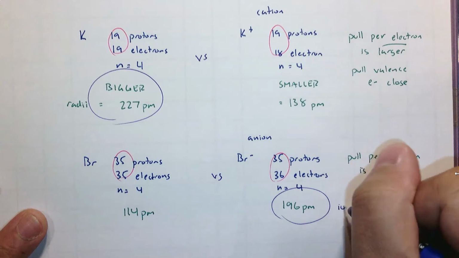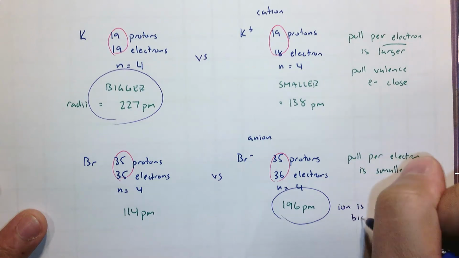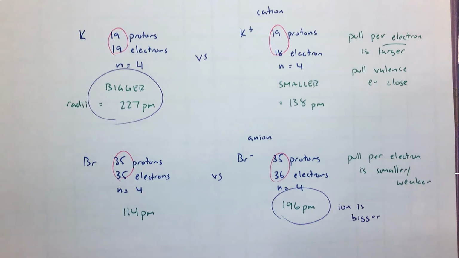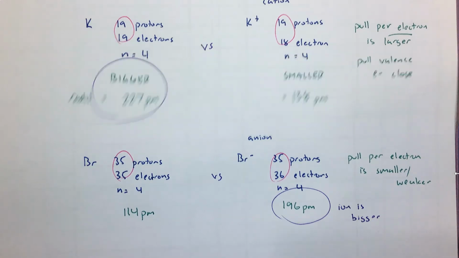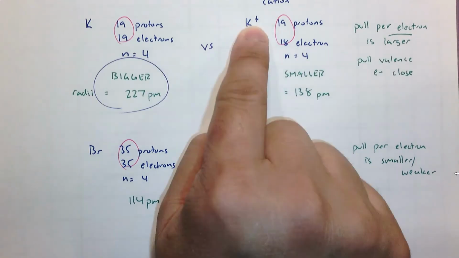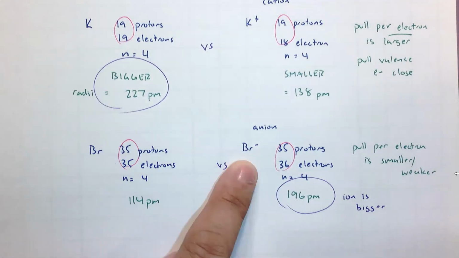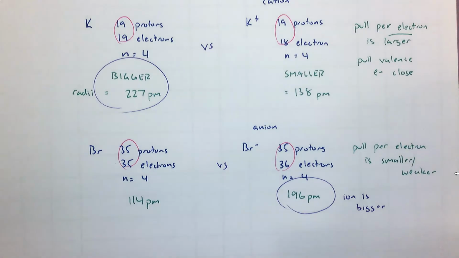The ion is bigger. You want to do this analysis on a case-by-case basis, but the trend usually is, well, I actually can't think of an exception. Cations become smaller from the parent, and the anions become bigger from the parent.